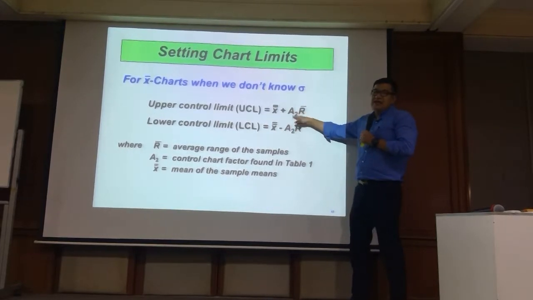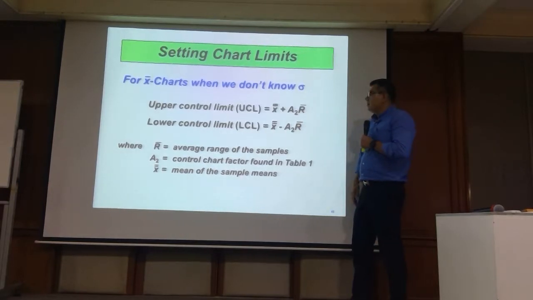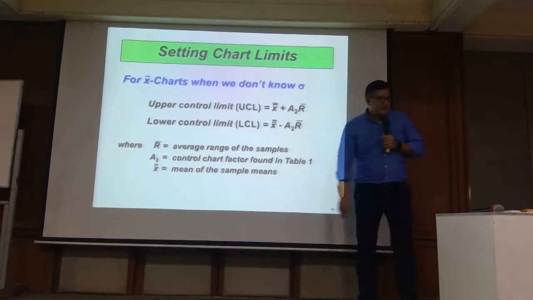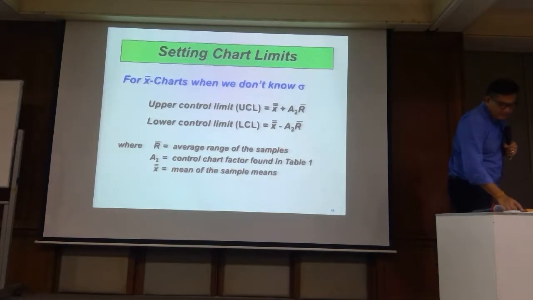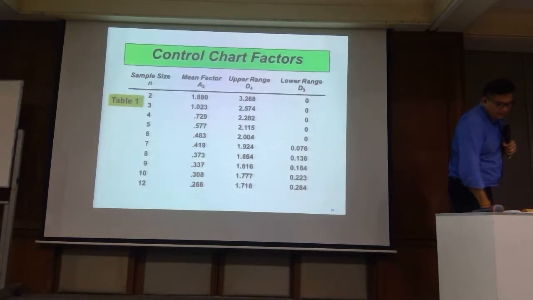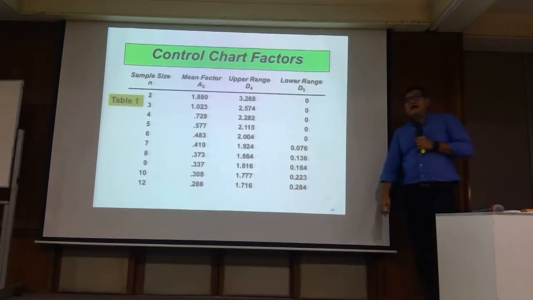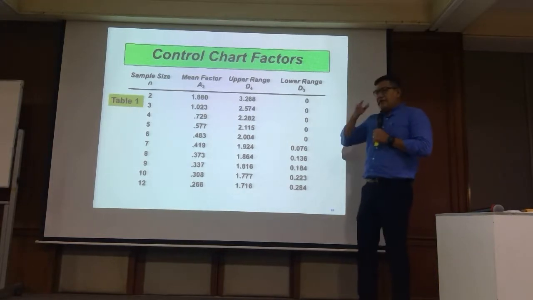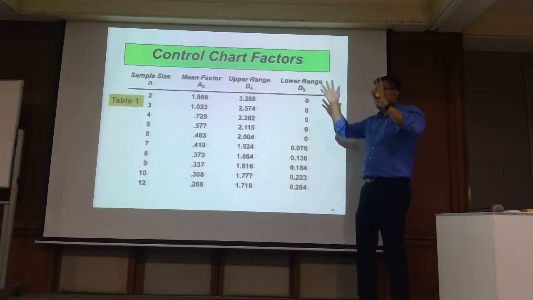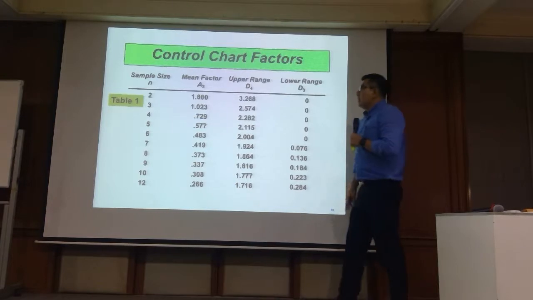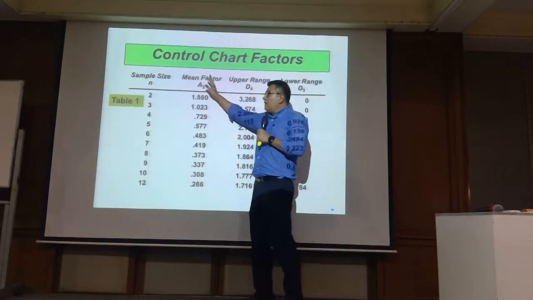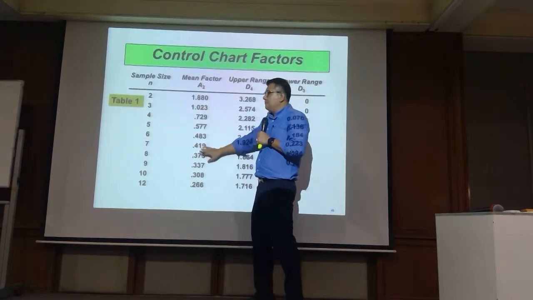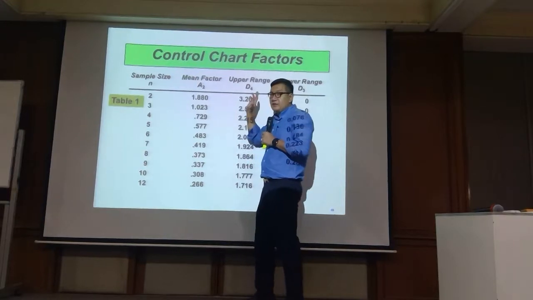What is A2 and R bar? Okay, let's see A2. This is just like a standard factor that someone has already developed. We're going to use this value. Actually, we're going to have a table.